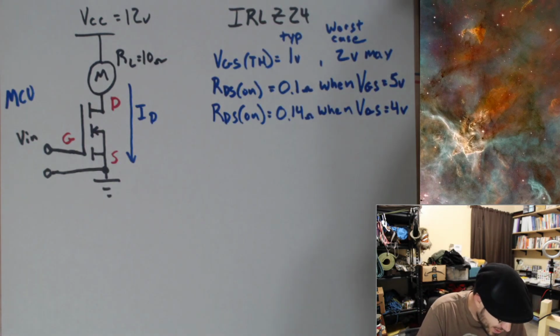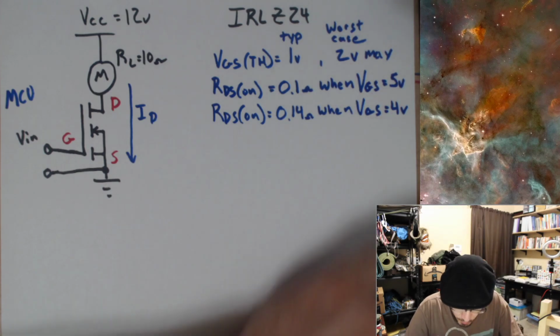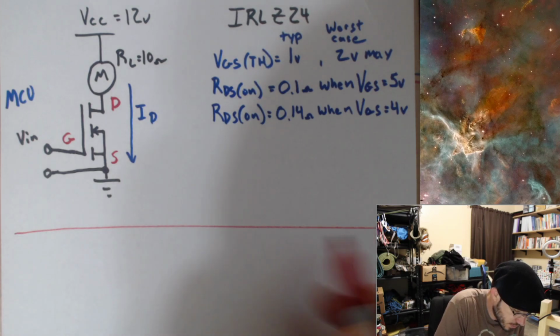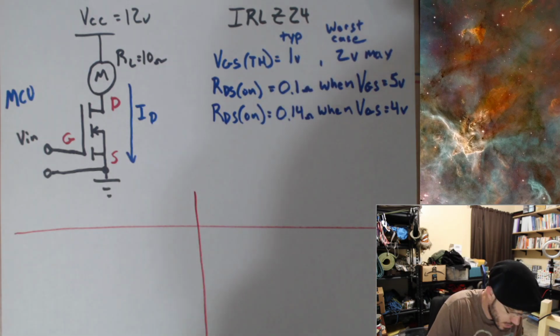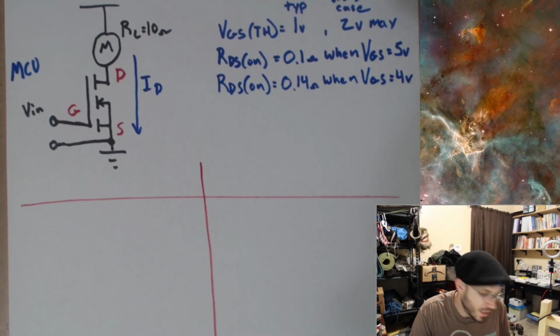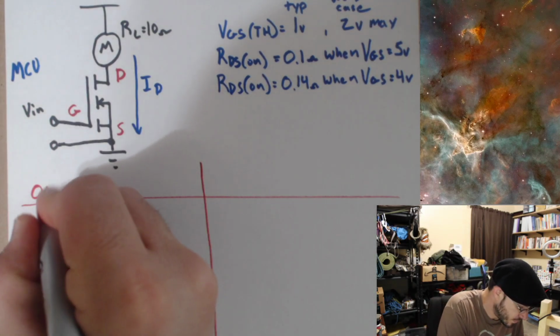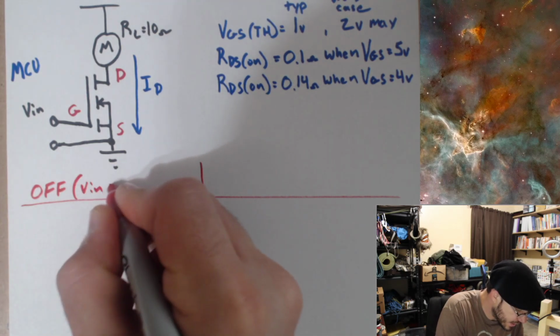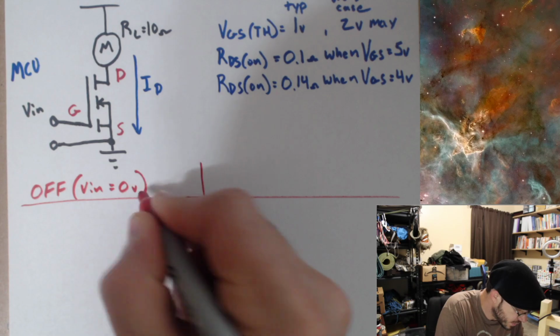Okay, so let's go ahead and let's set up two different columns here so we can calculate this guy twice. Okay, we're going to look at this circuit under two different conditions. When it is off, this means Vin is going to be equal to 0 volts.